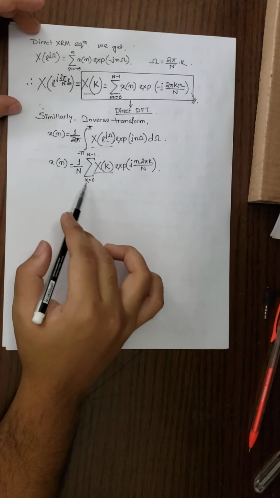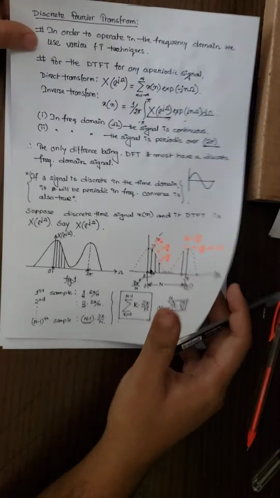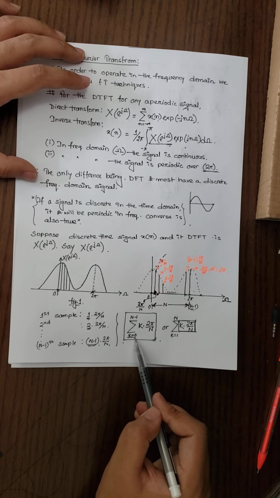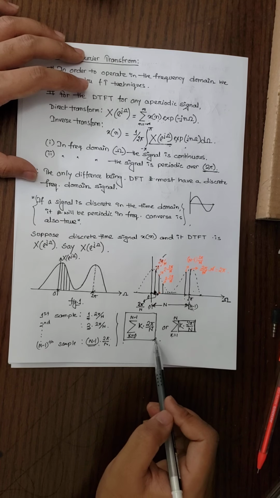And why is the limit of k going from 0 to N minus 1? This is because earlier we defined the limit of k to go from 0 to N minus 1, which we get from this relation over here.